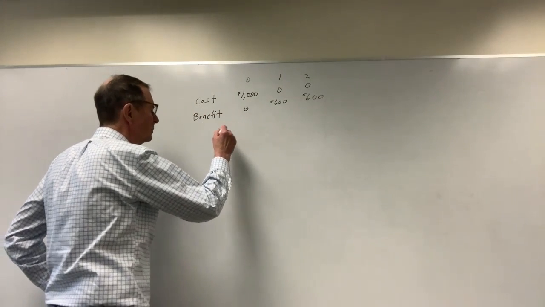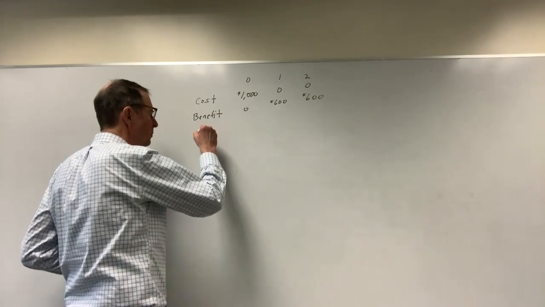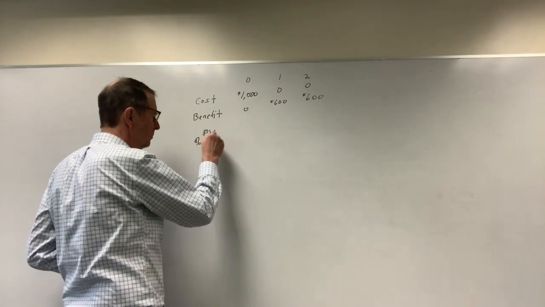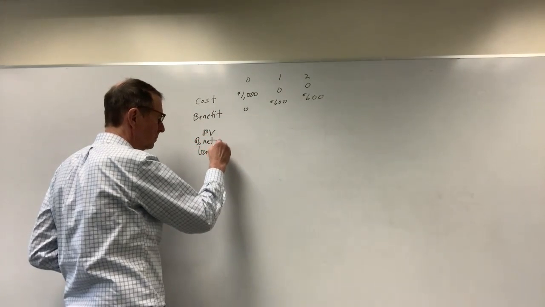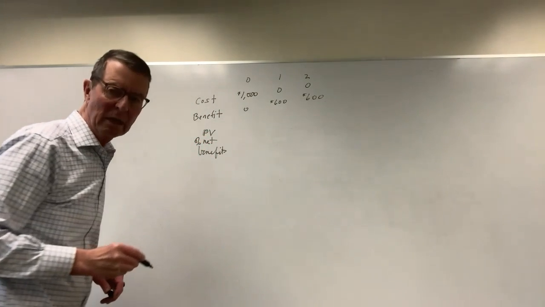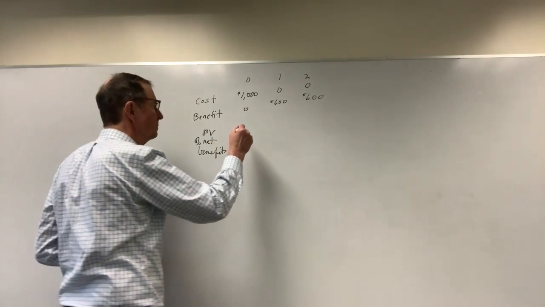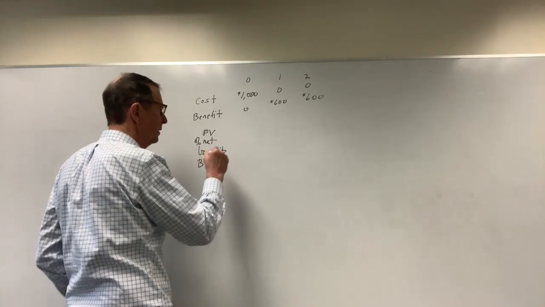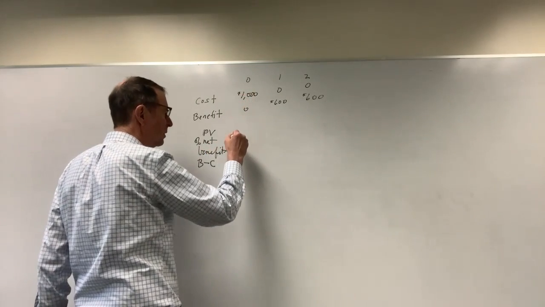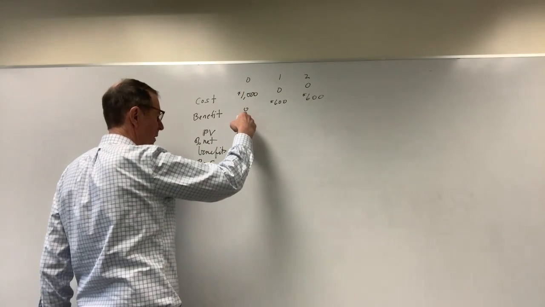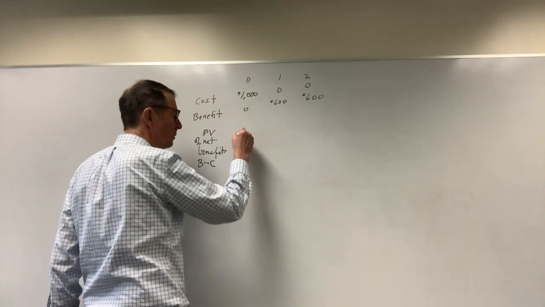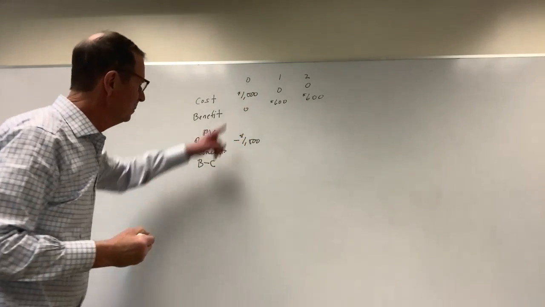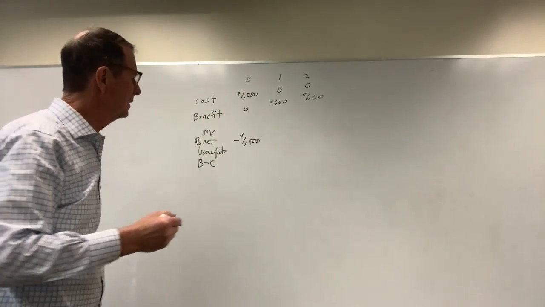And if you think about the present value (PV) of net benefits in our generic formula way, benefits minus cost in each period. In period 0, we're going to have a 0 benefit minus 1,000 in cost. So the net benefit in period 0 is minus 1,000.